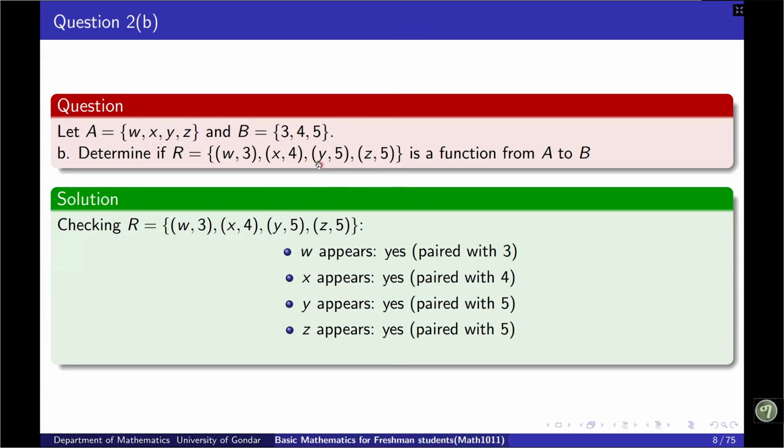You clearly observe that the last two elements of this relation R are Y5 and Z5. That means Y and Z have the same image, and the domain W, X, Y, Z is the elements of set A. Therefore, each element of A appears exactly once. There is no repetition, and no element of set A has more than one image, so this is a function from A to B.